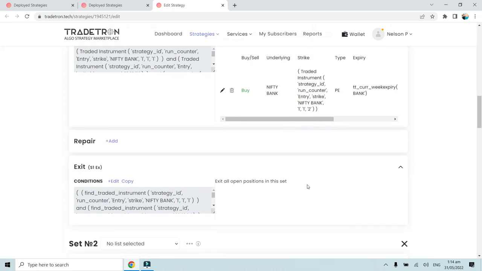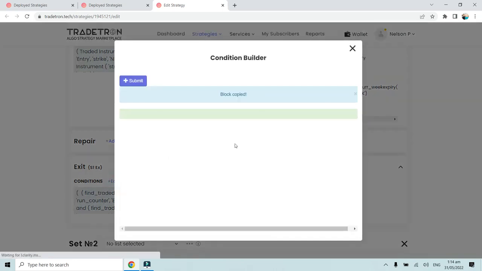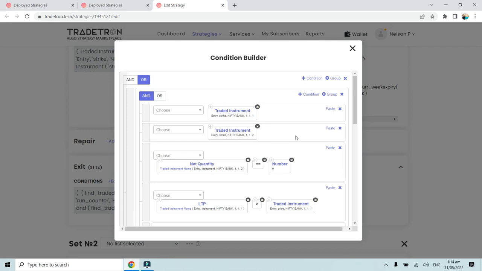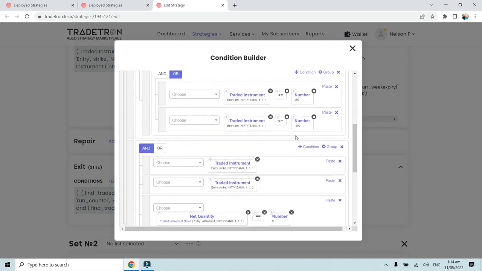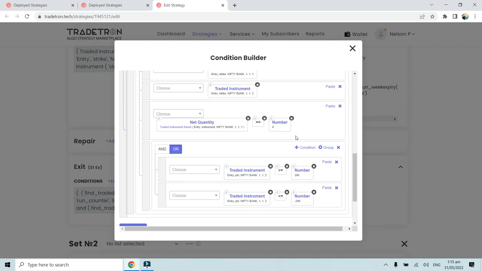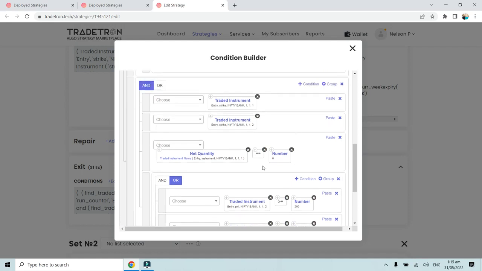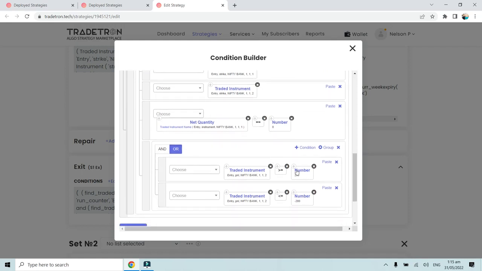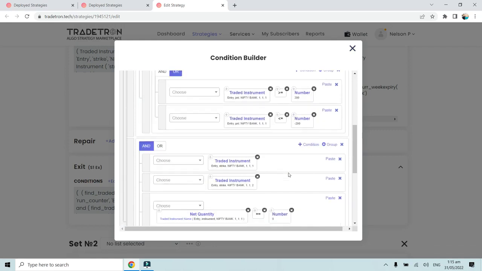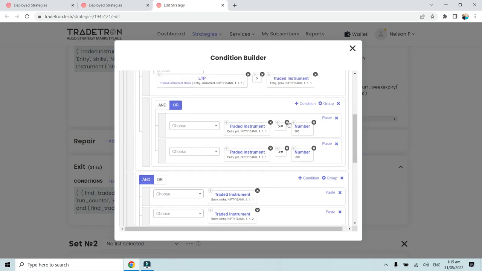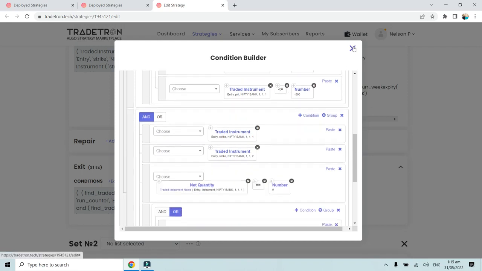And if one of the legs is squared off, then the second leg will be squared off through this set exit option, where we check that the net quantity should be equal to 0 for 111, and that the PNL should be either greater than 200 or less than minus 200. This is for the put side and this is for the call side. Same formula, just that we are checking which leg has closed out.